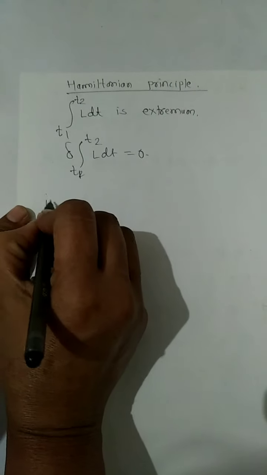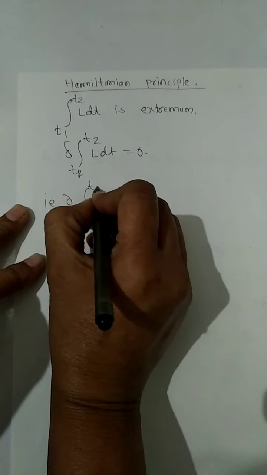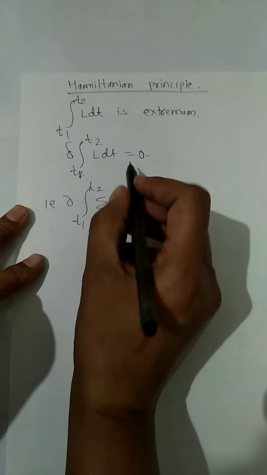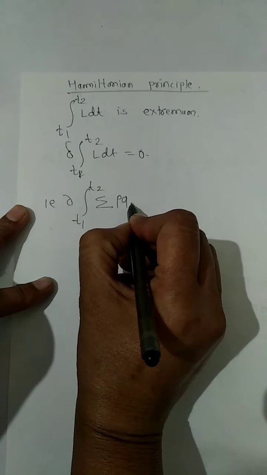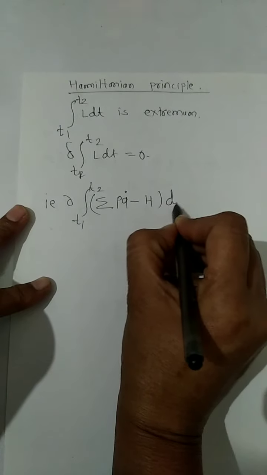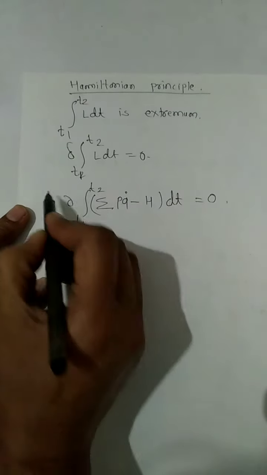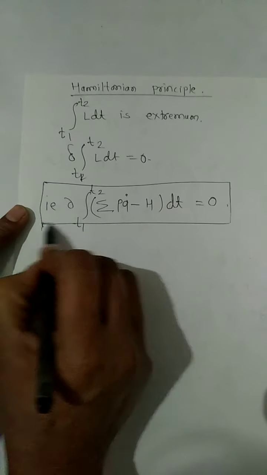and that is del of integral T1 to T2 of summation, the value of L being summation of PQ dot minus H, dt is equal to 0, and this is the Hamiltonian principle.